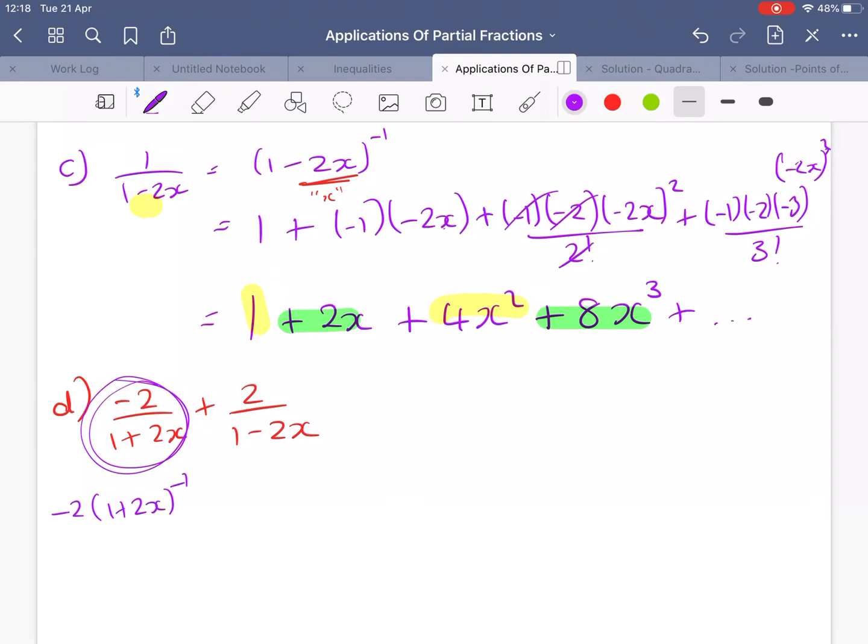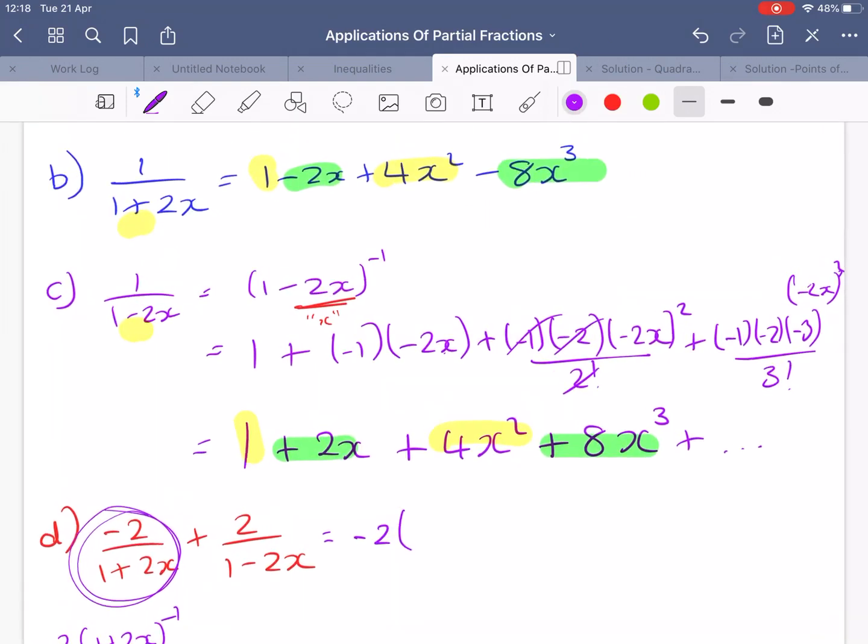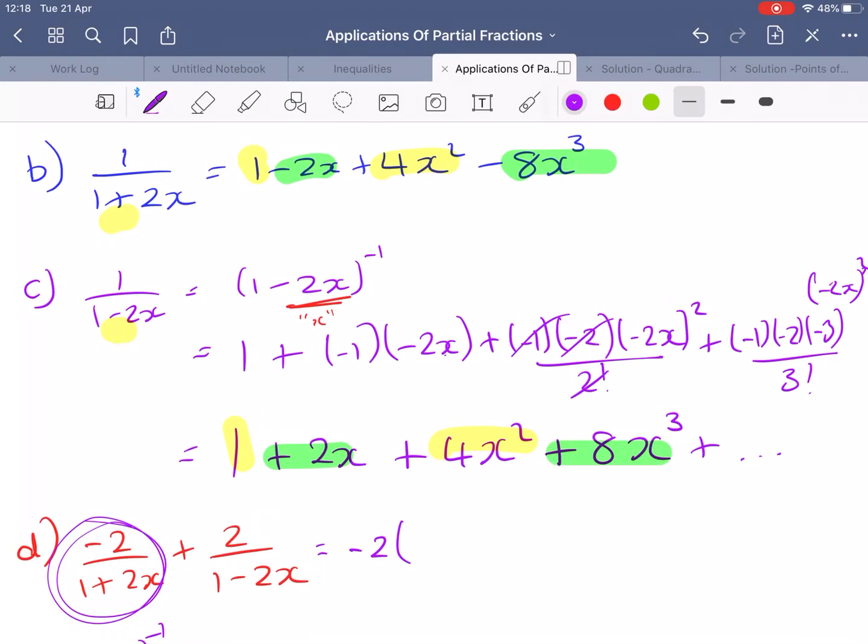But I've worked out what 1 plus 2x to the minus 1 is. It was this first expansion here: 1 minus 2x plus 4x squared minus 8x cubed. So that is this purple bit here. So this is the first fraction: minus 2 lots of the expansion for 1 over 1 plus 2x.